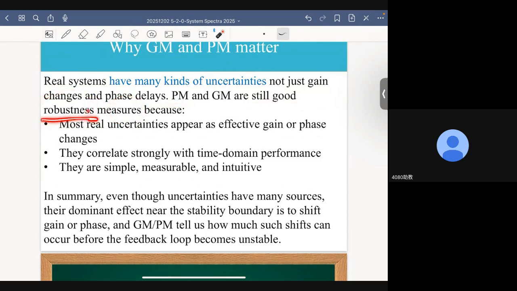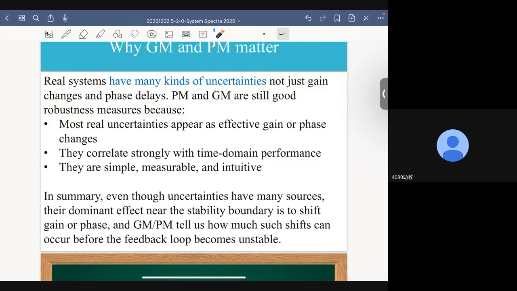I really like this term, robustness, because when it comes to personality or character of a person, robustness is also a very, very important trait. It means, for example, how I face my failure, okay?